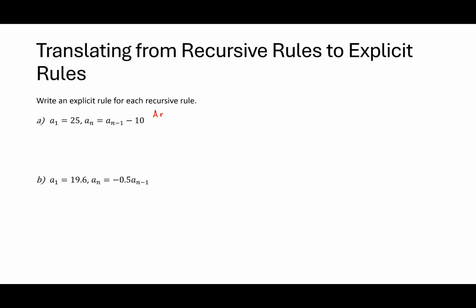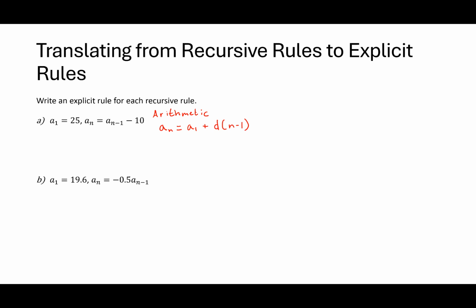This must be arithmetic. All right, so if it's arithmetic, then my explicit equation should take the form a sub n is equal to a sub 1 plus the common difference multiplied by n minus 1.